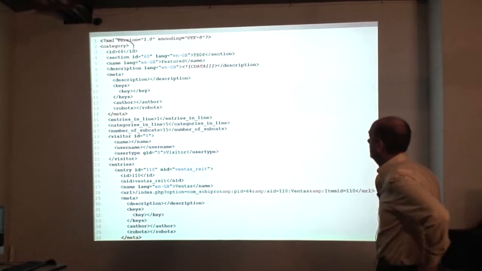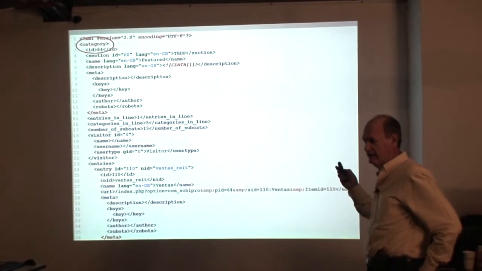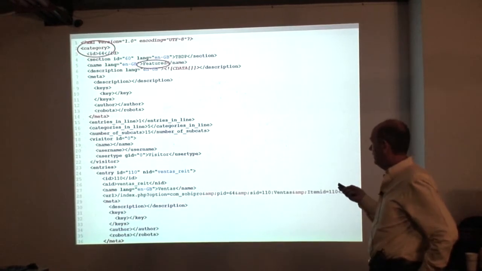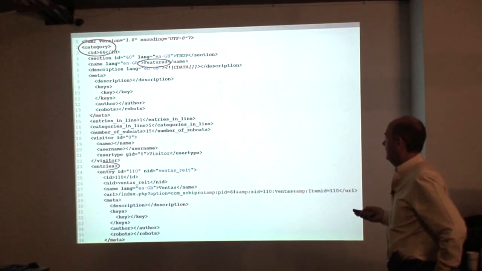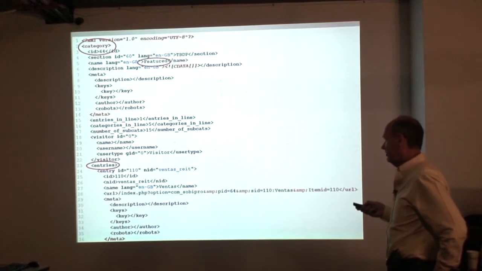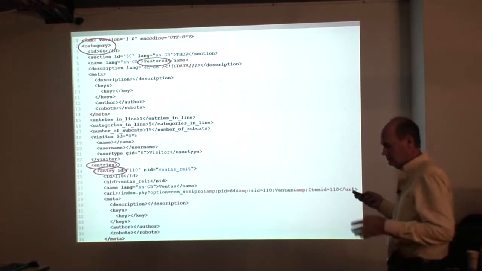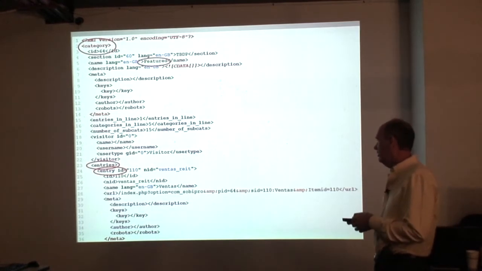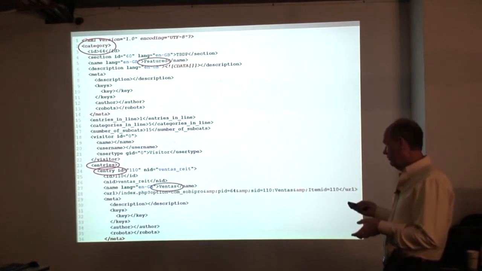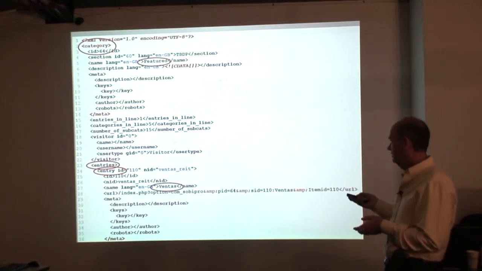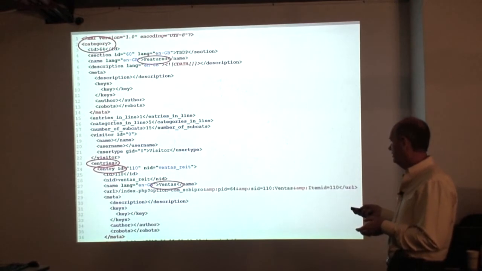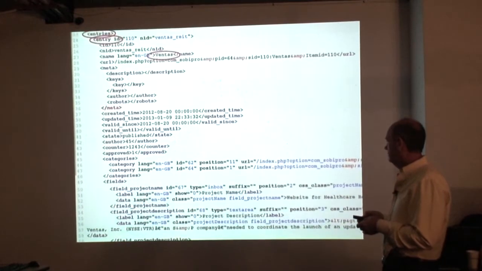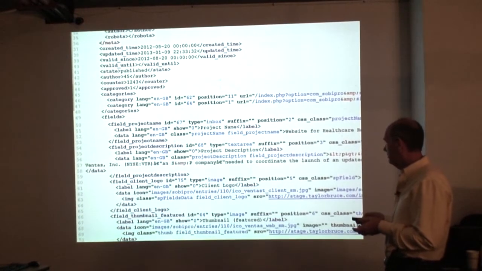It has the category that the entry lives in, so we're looking at one entry. This is coming from the featured category. It has all the entries, but each entry has its own hierarchy in this XML document. It has its name, so this is the Ventus entry, and it has its project description, or project name, I should say.